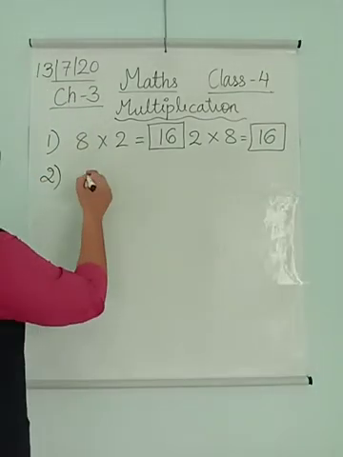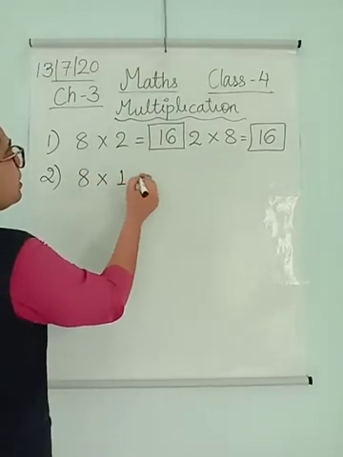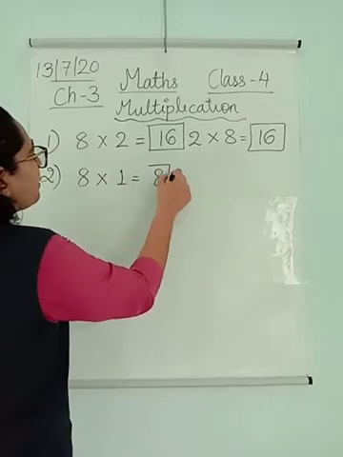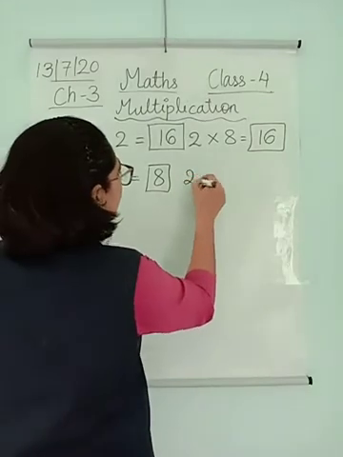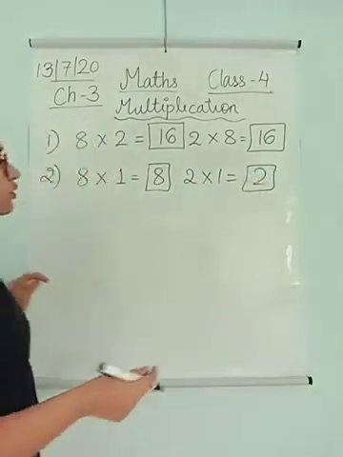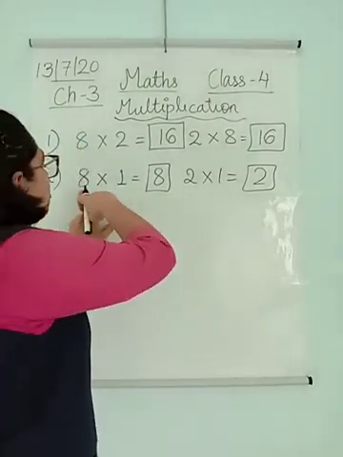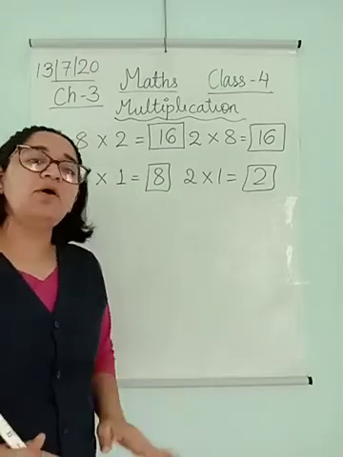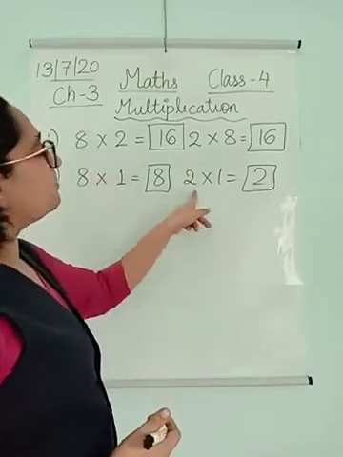The second property says, if I multiply any number by 1, my answer is always the same number itself. 8 ones are 8, 2 ones are 2. So any number multiplied by 1 is equal to the same number.